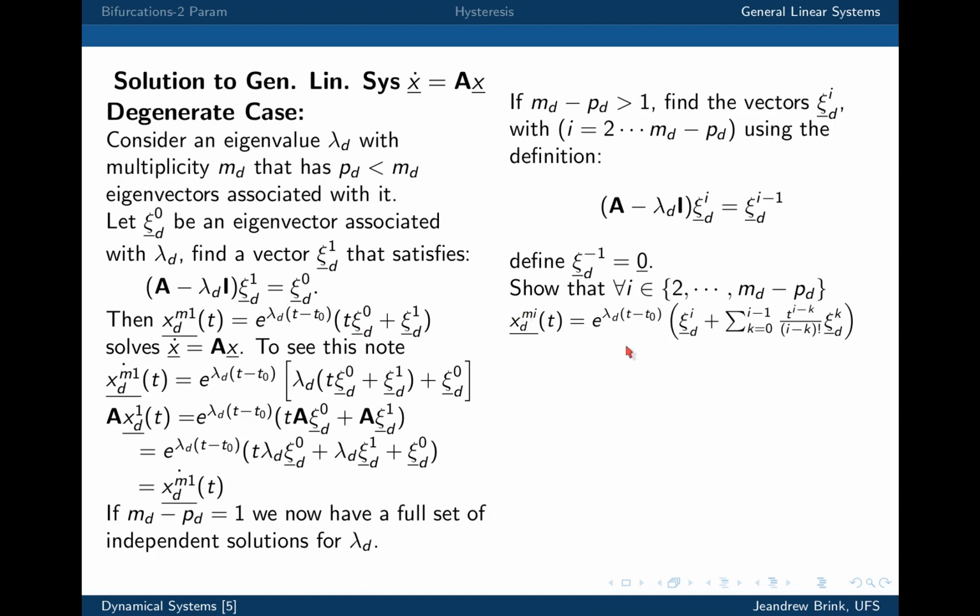So, for example, now I'll write out the 2-dimensional one. If you write this thing out, I've just given you the formal solution here, then you can show that it solves this thing.